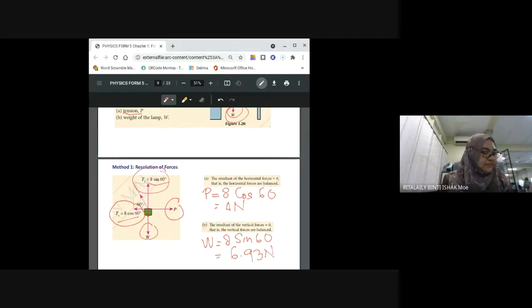Okay, so any question on this? If you look at page 21, they also show the second method, which is the scale drawing for the triangle of force. So they don't resolve, they use scale drawing.